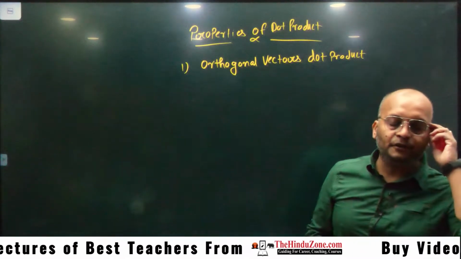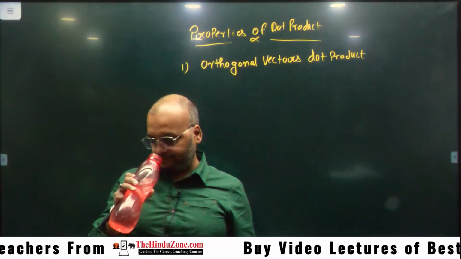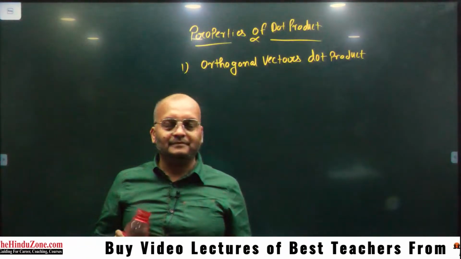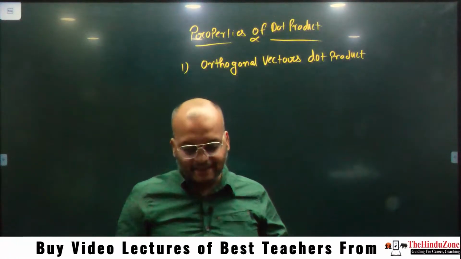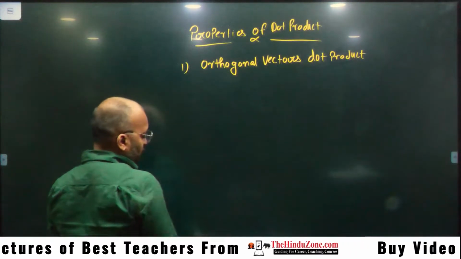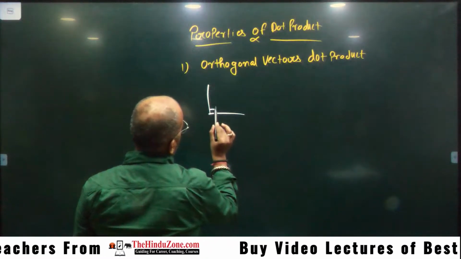What is the dot product of orthogonal vectors? Yes, it is 0. Orthogonal means vectors are perpendicular to each other.